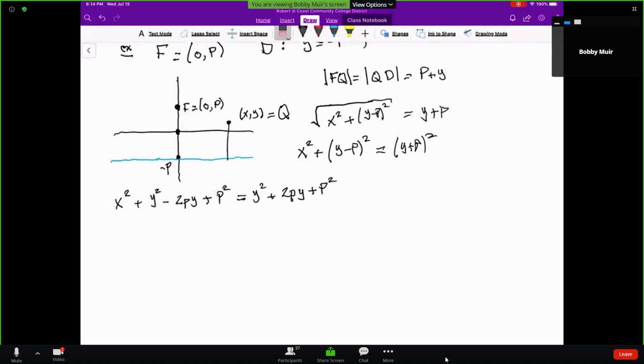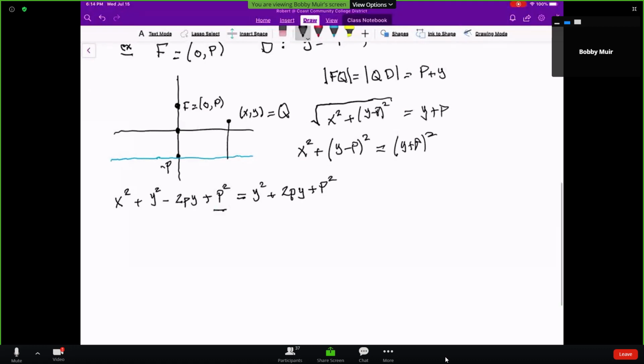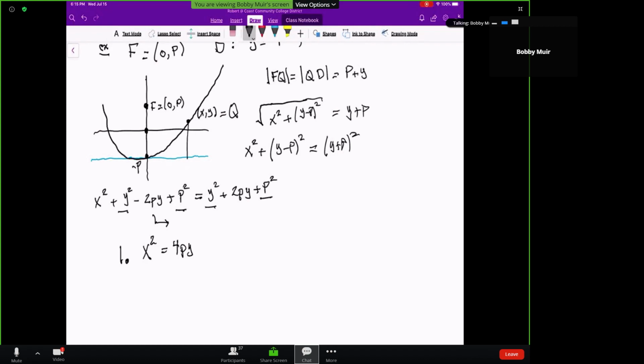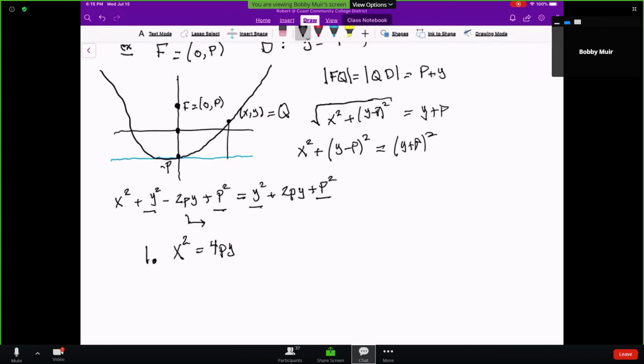And we see that there's p squared on this side, p squared on that side, so they cancel. The y squareds are going to cancel. If I move this to the other side, we get our first formula, x squared equals 4py. And this would be a parabola that would look something like that.